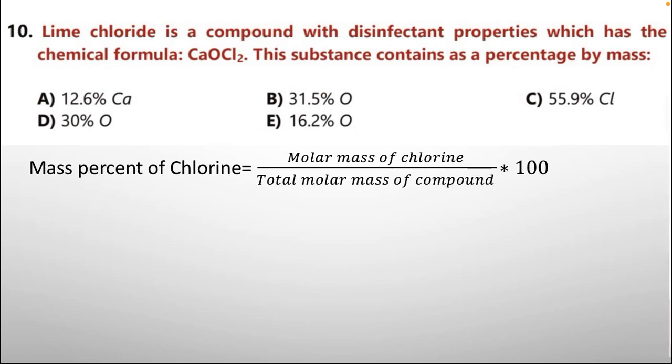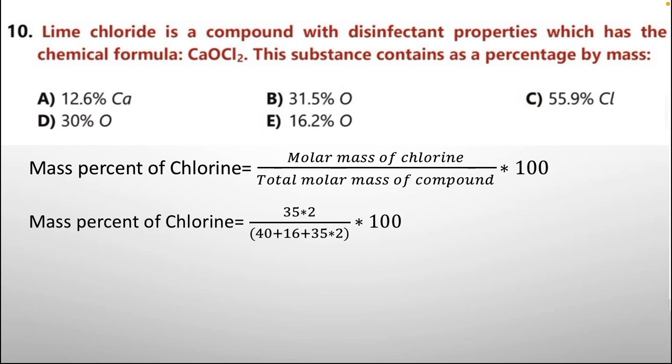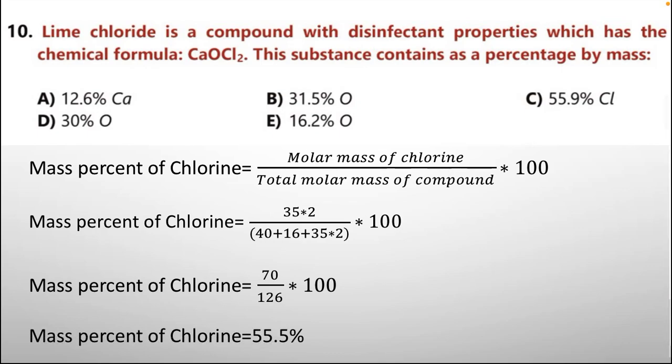Here the formula for finding the mass percent of chlorine equals the molar mass of chlorine divided by the total molar mass of the compound, multiplied by 100. Mass percent of chlorine equals 35 multiplied by 2, divided by the total molar mass of the compound, 40 plus 16 plus 35 multiplied by 2, all multiplied by 100. The answer we get is 70 divided by 126, which is about 55.5 to 55.9% mass percent of chlorine.